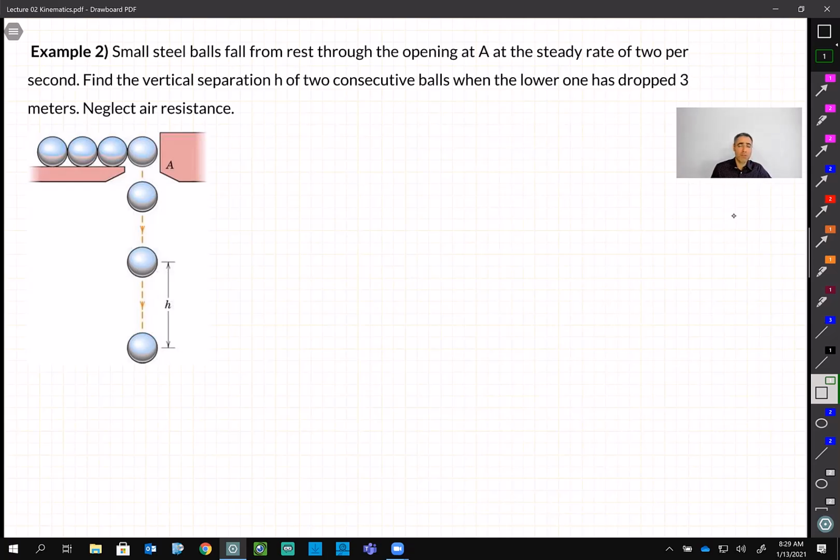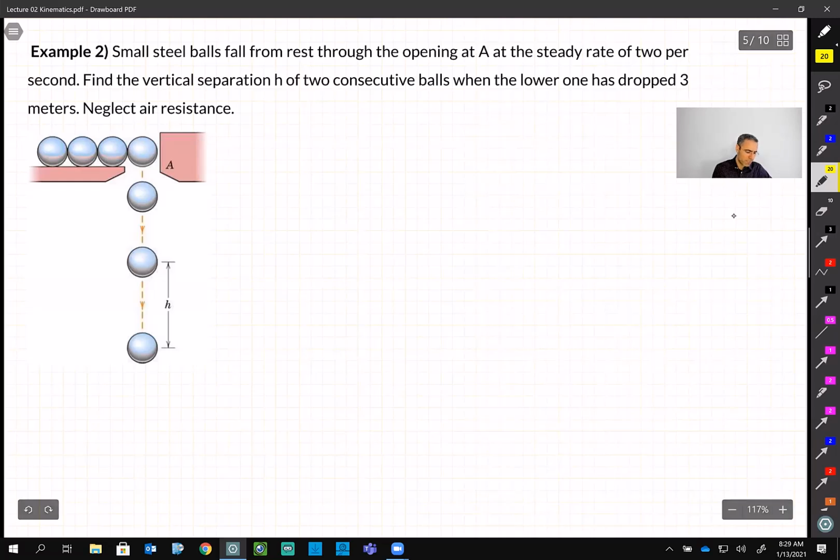Maybe this is part of a machine that makes, let's say, ball bearings, right? And what it says, they fall down at the rate of 2 per second. So this is the rate, steady rate, 2 per second, right? We need to translate this. This is the key parameter here in this question.